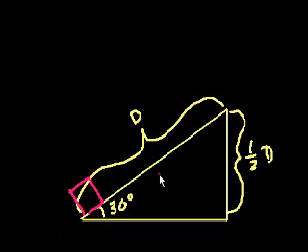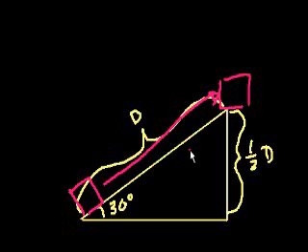If I take a box and I push it with some force all the way up here, what is the mechanical advantage of this system? Well, when the box is up here, we know what its potential energy is. Its potential energy is going to be the weight of the box. So let's say this is a 10 newton box.